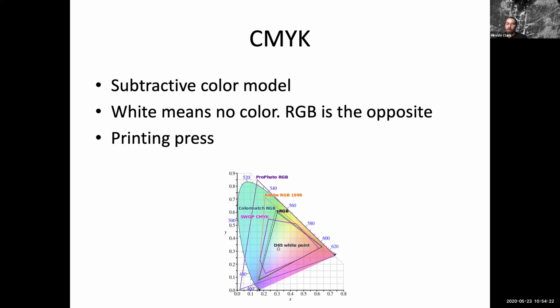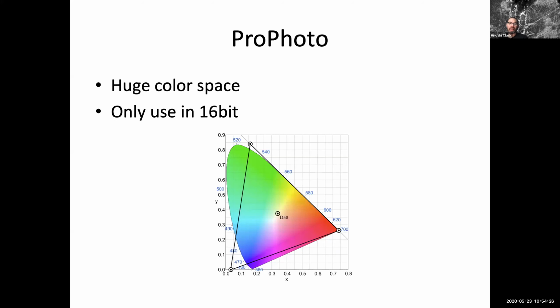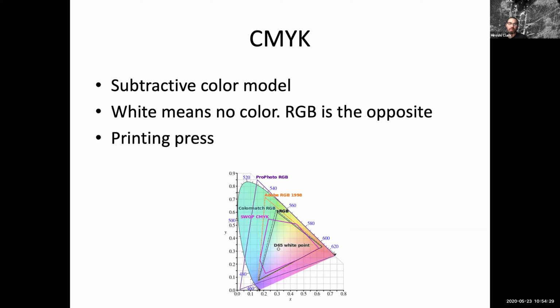With ProPhoto or sRGB, it's the other way. Those are additive. So you can see on this spectrum again where ProPhoto falls out, where Adobe RGB 1998 exists, and you can see CMYK is somewhere between sRGB and Adobe RGB.